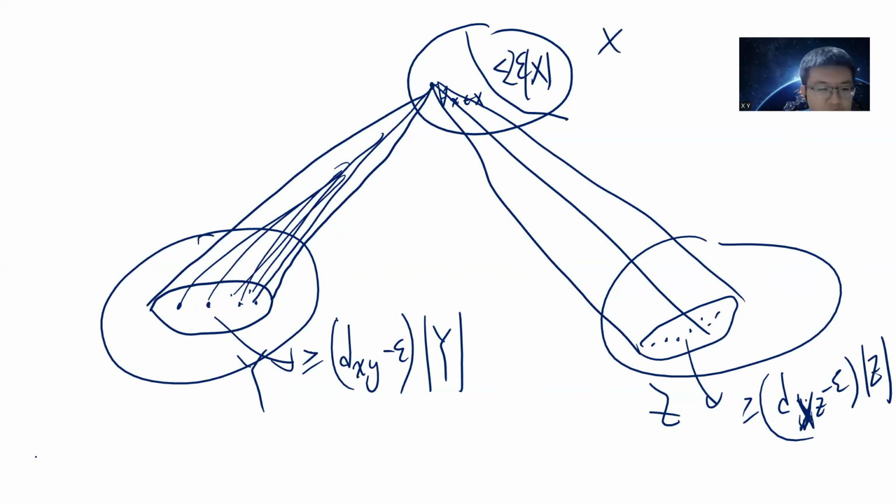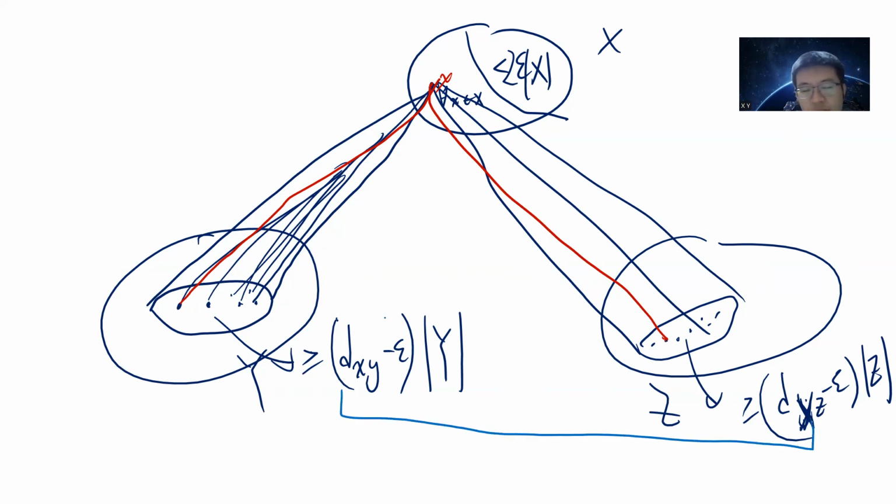Now we are happy. Given x, we can find these nodes here and some nodes there. Finally, by regularity, I can consider these neighbor sets as a subset Y prime and a subset Z prime.